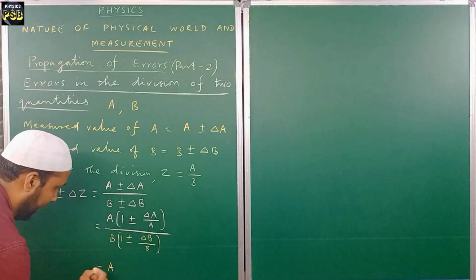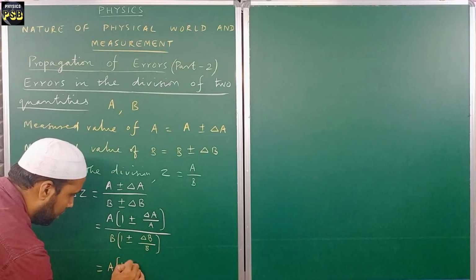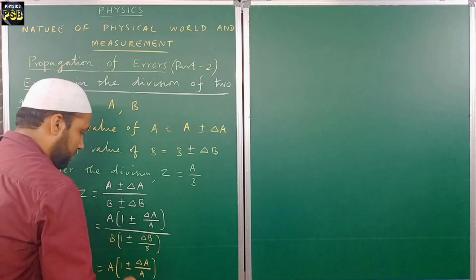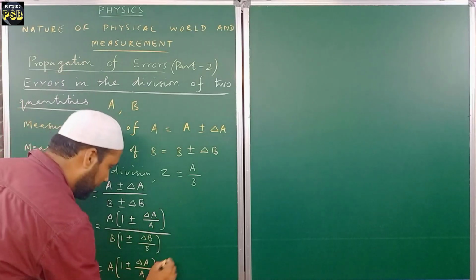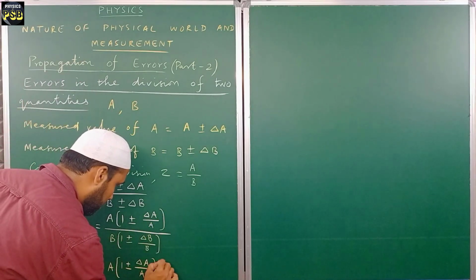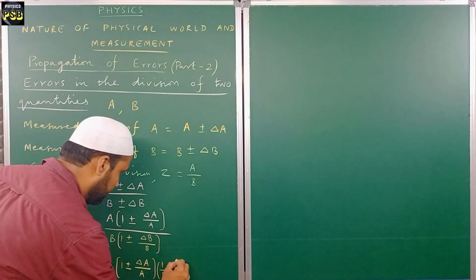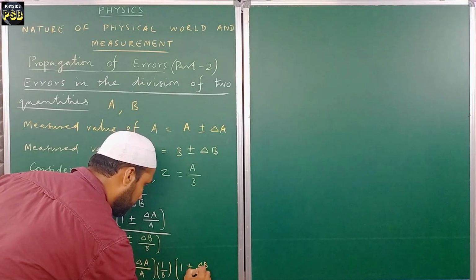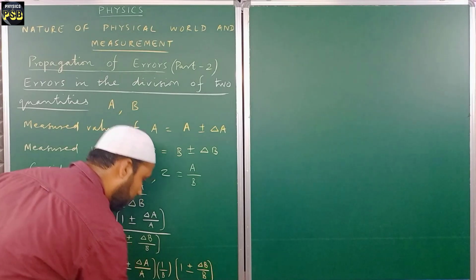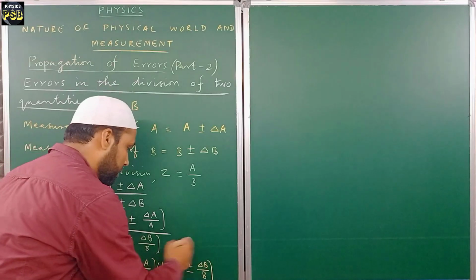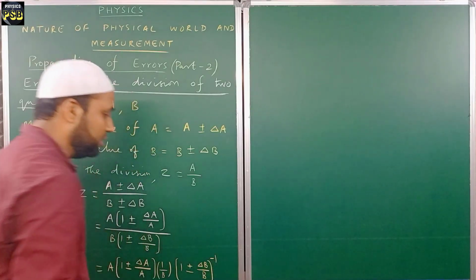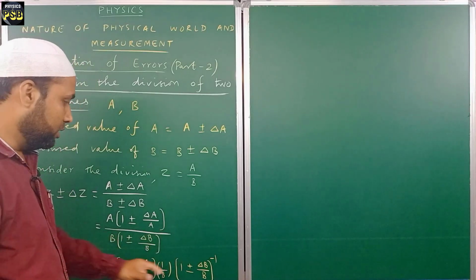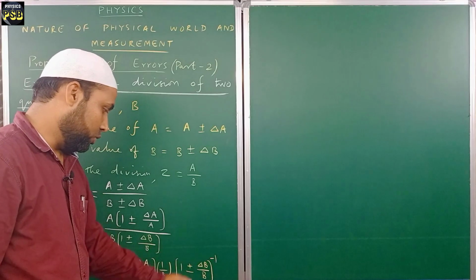Here I keep A as such, 1 plus or minus delta A upon A. And when B is taken to the numerator, it becomes 1 upon B, and this term becomes 1 plus or minus delta B divided by B in reciprocal form. When it is taken to the numerator, we get power minus 1 to this.